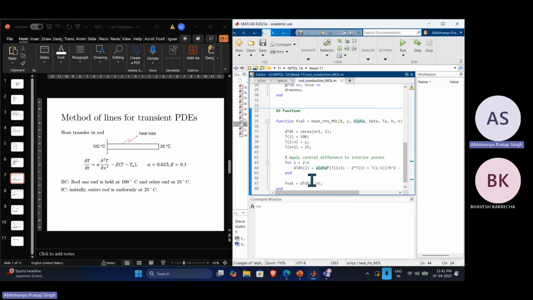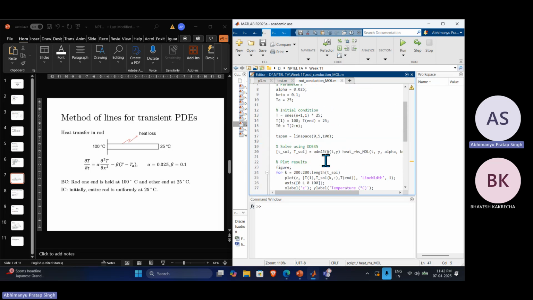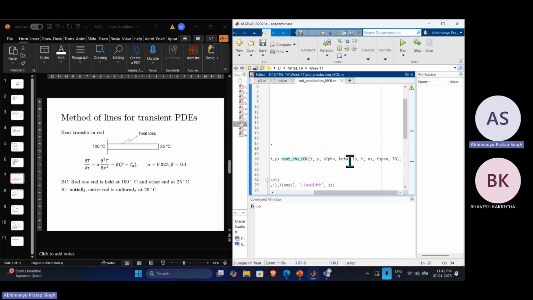I am doing this from the second to the nth node, and my f value is only from the second to the nth node. The first and last dT/dt values are not important because we're not solving for them. And then I am simply using ODE45.